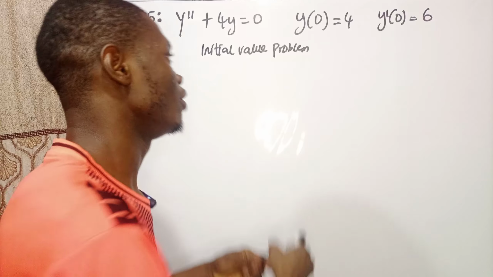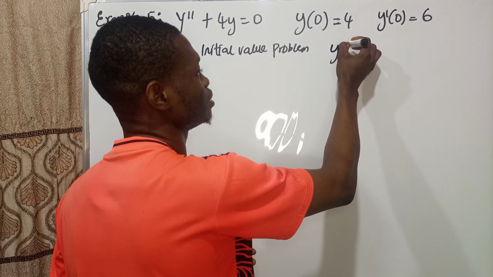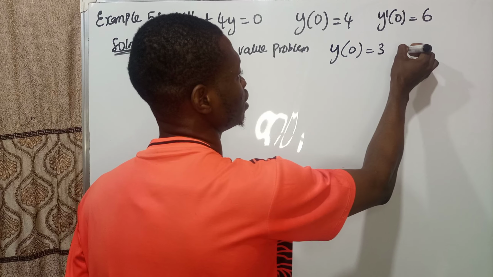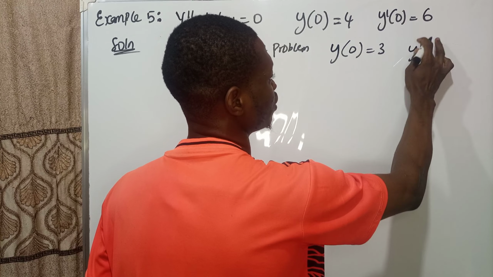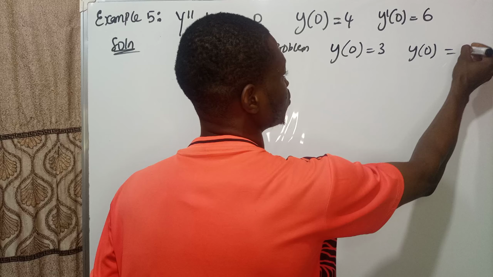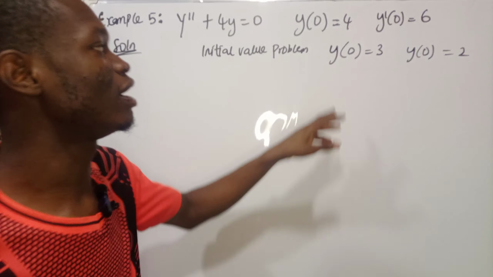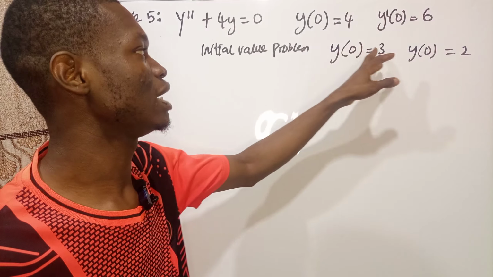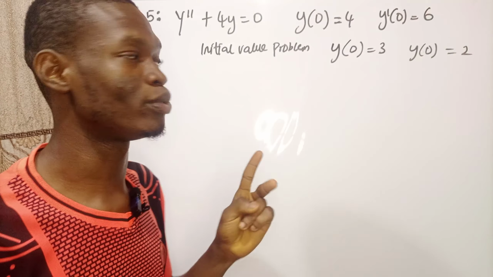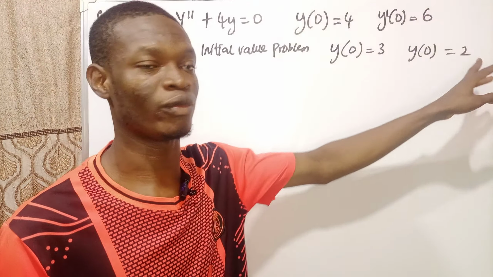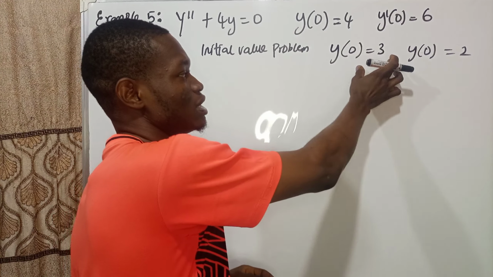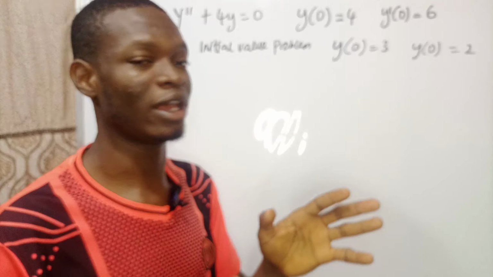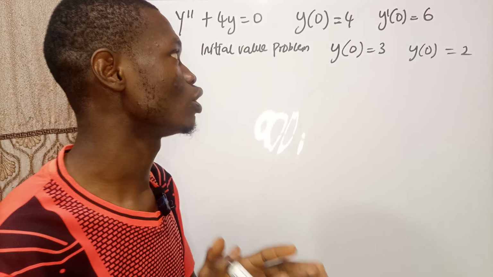For example, if we have y of 0 is equal to 3 and y of 0 again is equal to 2, this one is a boundary value problem because y is at 2 points, which is the original function of y at 3 and y at 2. You understand? So this is a boundary value problem.